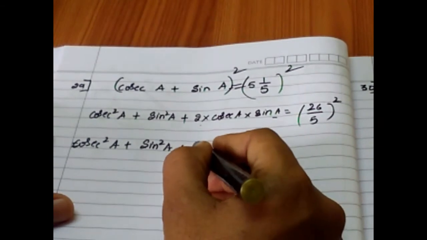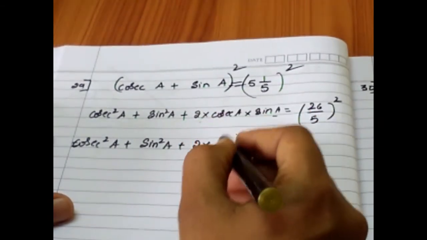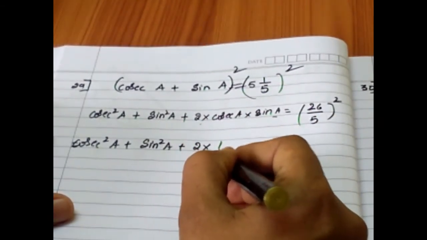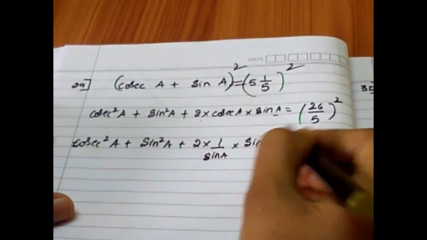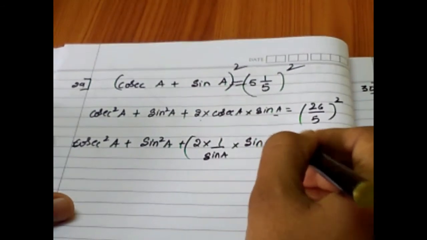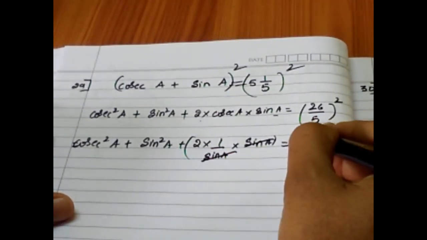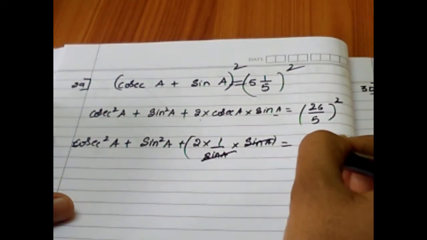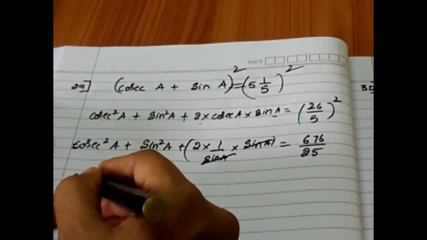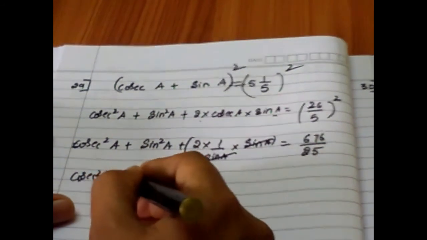Here what is extra? Just observe, either cosecant can be represented as 1 by sin A or sin can be represented as 1 by cosecant A. Now sin A gets cancelled. 26 whole square is 676. 5 square is 25. Very simple question. Easily you can get 3 marks.